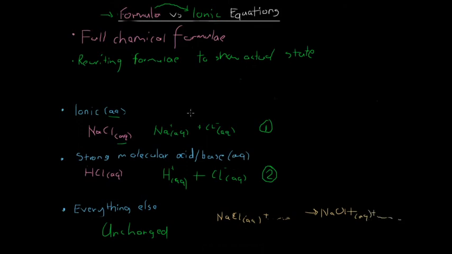Now if we rewrite this as we've done up here, we get a sodium ion in aqueous state plus a chloride ion in aqueous state plus the other stuff, going to a sodium ion and a hydroxide ion, both aqueous, plus some other stuff.